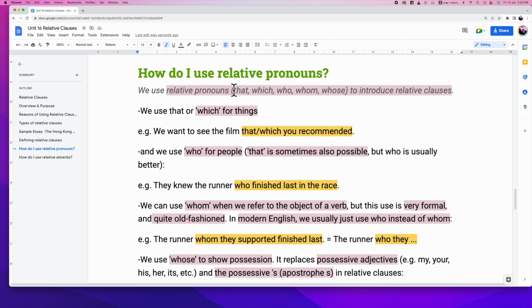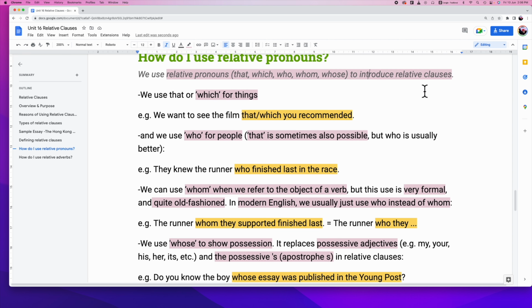Then, how do we use relative pronouns? Let's take a look. How many are there? Relative pronouns such as that, which, who, whom, whose. How to use them? We use them to introduce relative clauses. First, the words that and which are for things.